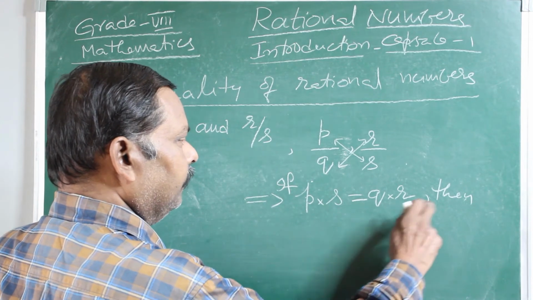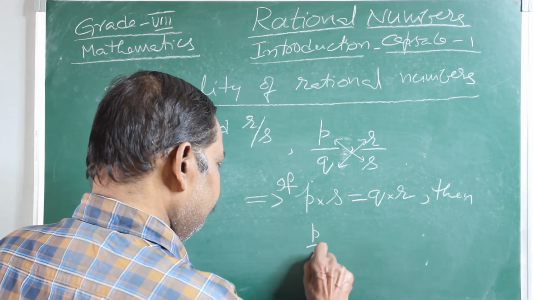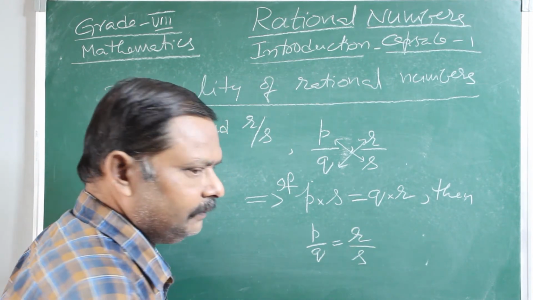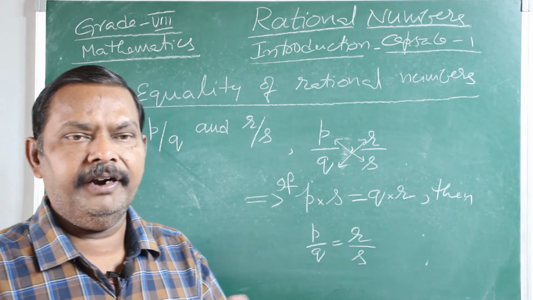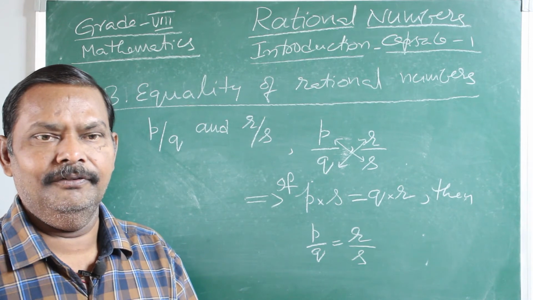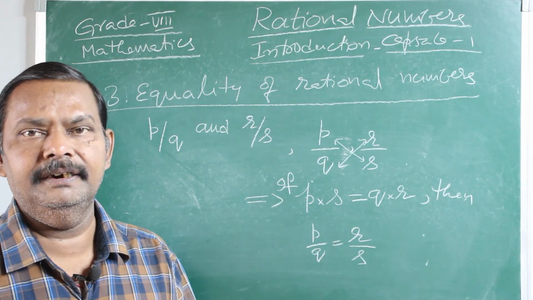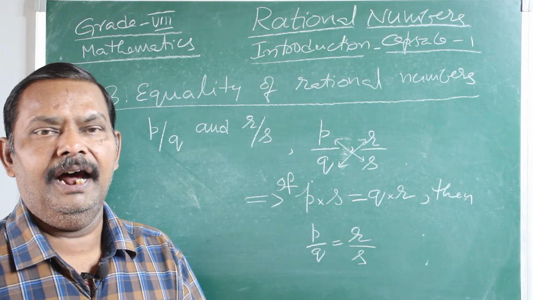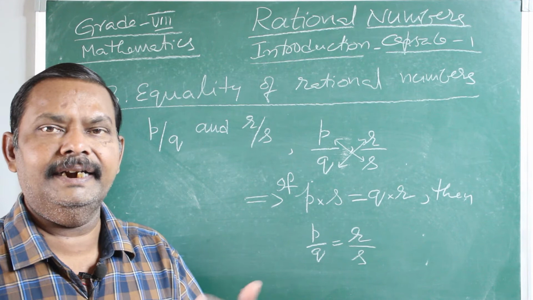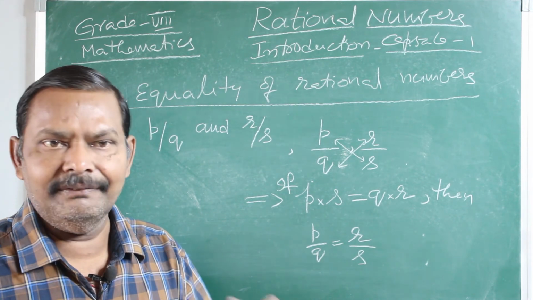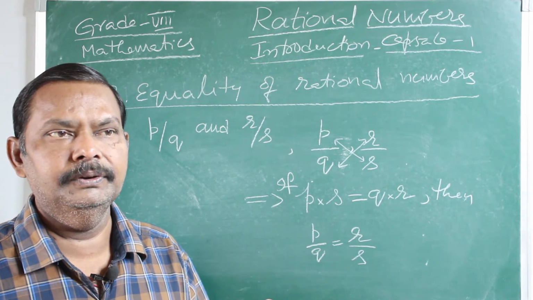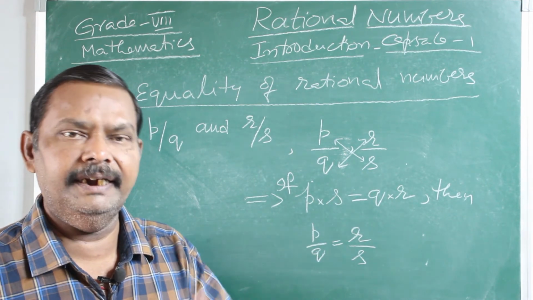If PS is equal to QR, then P by Q is equal to R by S. So if you want to find whether two rational numbers are equal or not, first write them side by side, take cross multiplication, and if you get PS equal to QR, then the rational numbers are equal. Otherwise they are not equal. So this is the equality of rational numbers. Let us see one example.